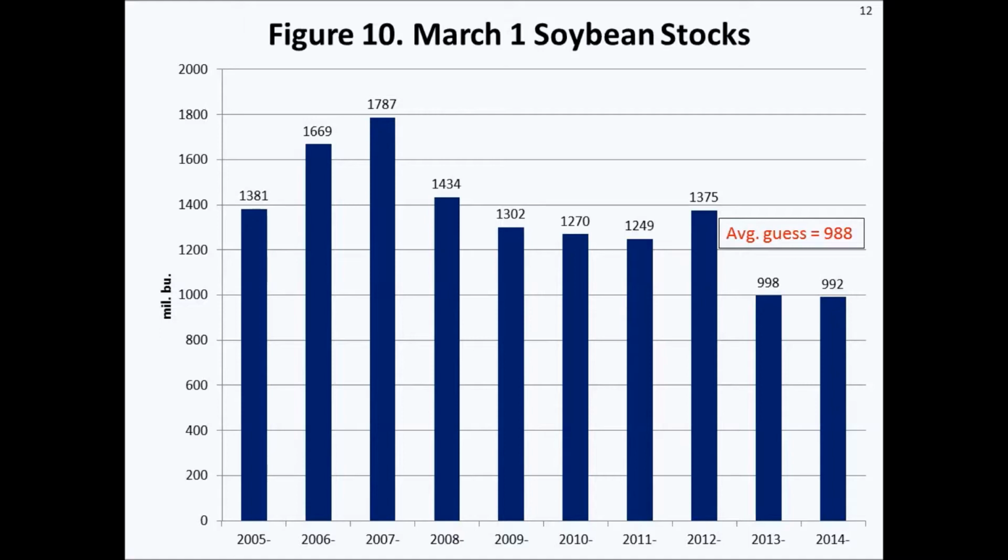Then translating that into kind of a carryover and price projection, we would have to make some forecast of how much corn will be consumed during the upcoming marketing year.